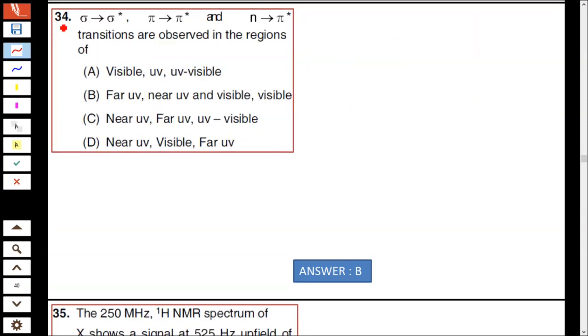Question number 34. Sigma to sigma star, pi to pi star and n to pi star transitions are observed in the region of.